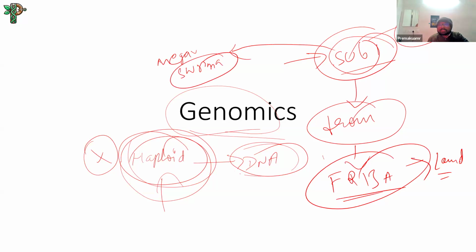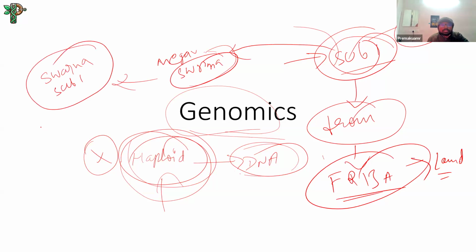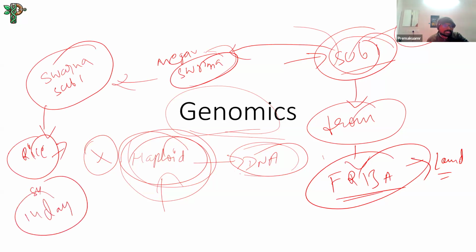After introgression of the Sub1 gene into the background of Swarna, they developed Swarna Sub1. This rice variety can sustain submergence for 14 days. Even if rice is completely submerged for 14 days, the yield will not be affected. That is the power of a single gene.